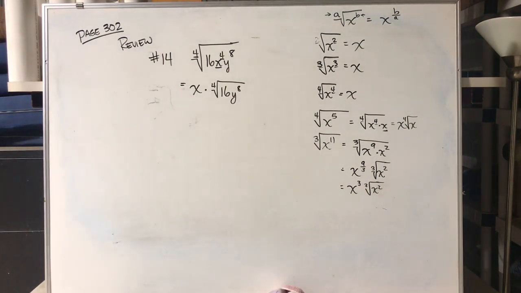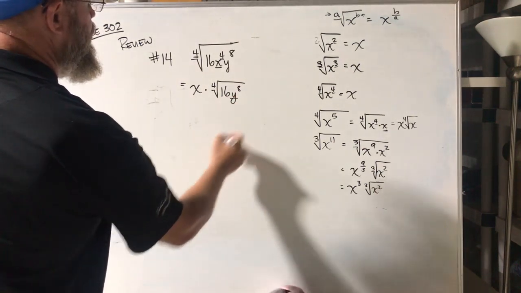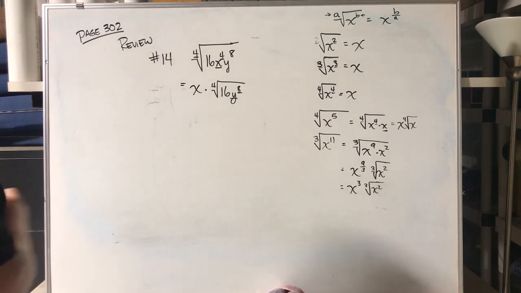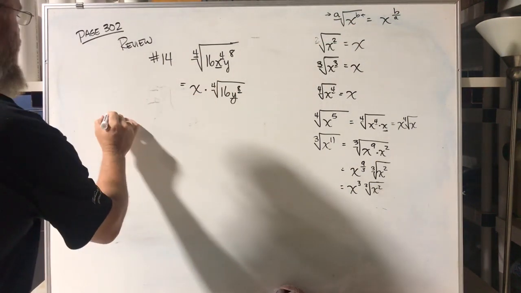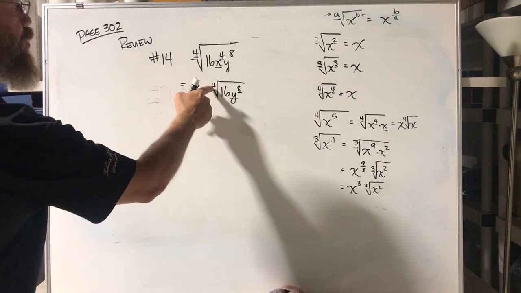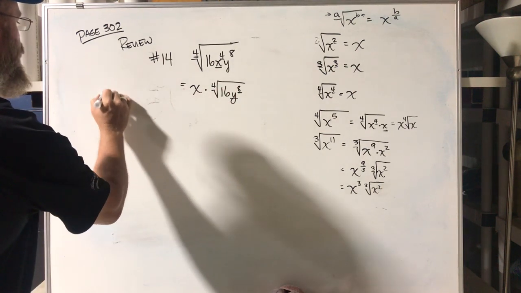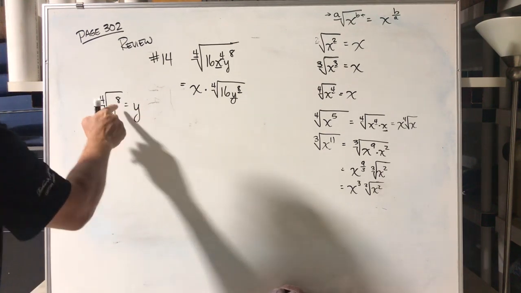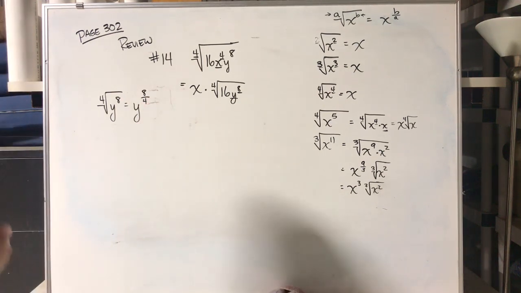Okay? So now let's look at the other variable. We have y, and the exponent is 8. The index is 4. So we know using this that the fourth root of y to the eighth is the same thing as y to the 8 over 4.